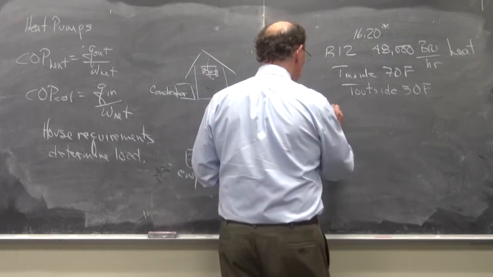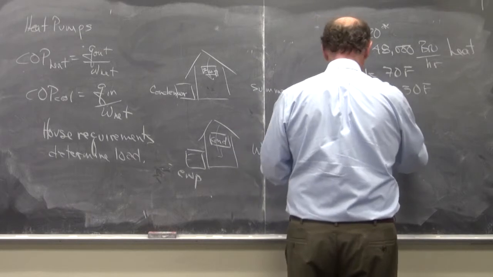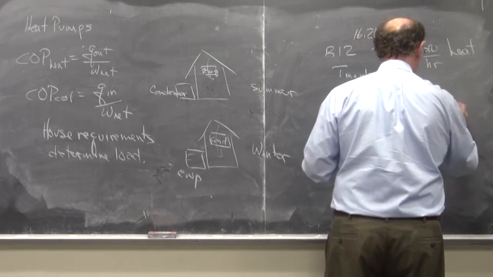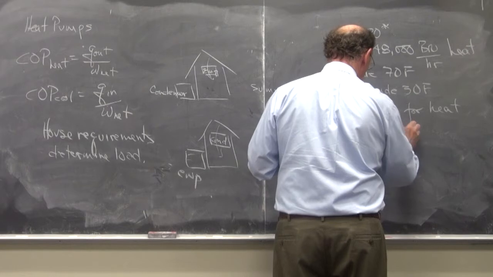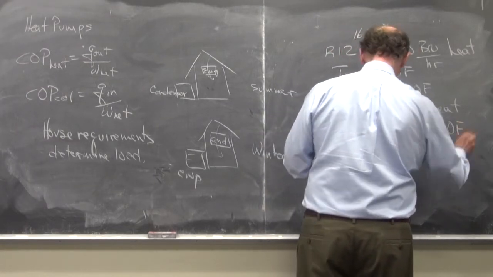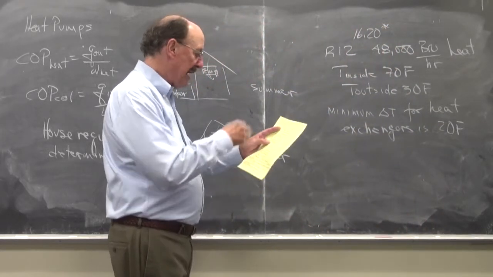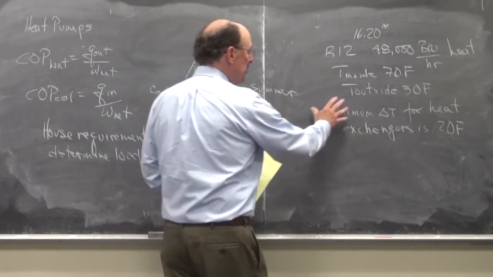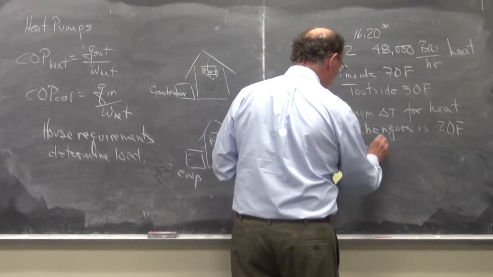So the minimum delta T for the heat exchangers is 20 degrees Fahrenheit. Now I'll draw the vapor compression system. We're going to do an ideal one, and this introduces the idea of the minimum, which is sometimes called the pinch point.